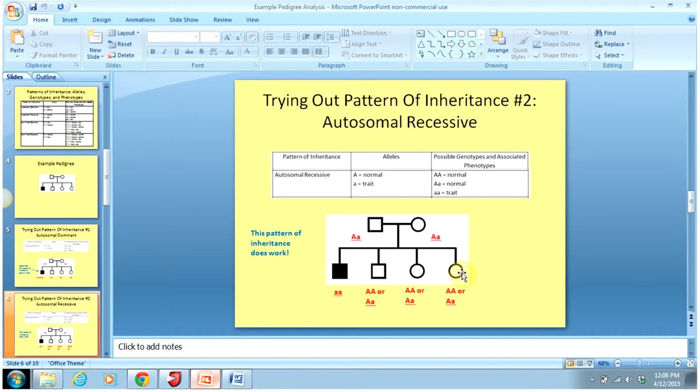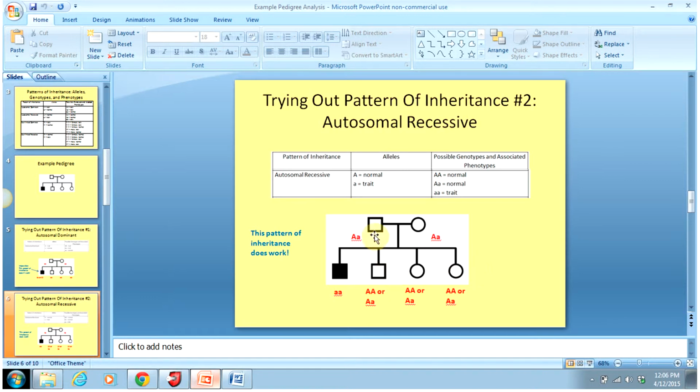Now these 3 children, they all have to have a big A to be normal, but we're not sure if they're big A big A, or big A, little a. They could get a big A from one parent and a big A from the other, or they could get a big A from one parent and a little a from the other. We don't know. But in any case, we did not hit a sticking point. All of these genotypes could work. So we're going to say yes for autosomal recessive. This is a possible pattern of inheritance for this pedigree.